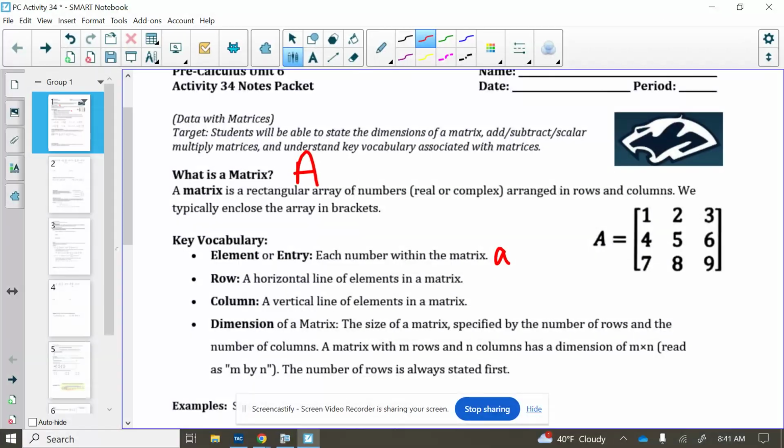Now, if I want, let's say, to talk specifically about the 2 that is in row 1, column 2, we would say that A12 is 2. Or if I want to talk about 7, that's in row 3, column 1. So again, you see the rows dictate first, columns second.